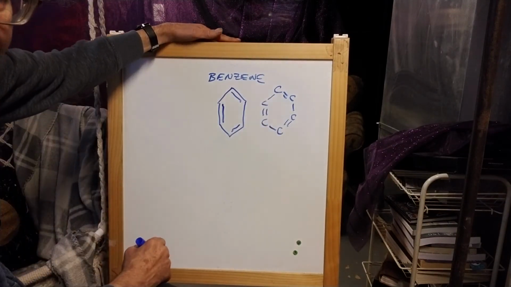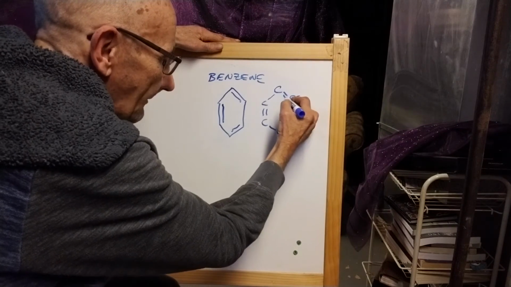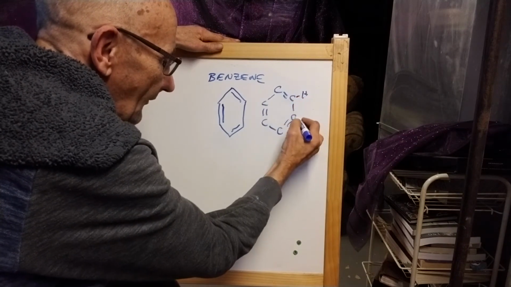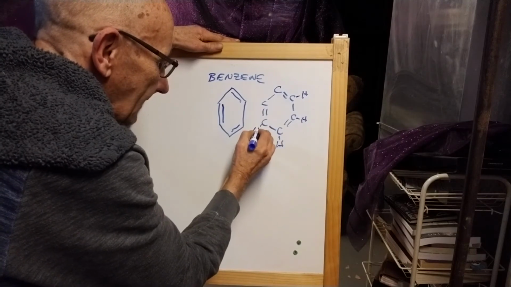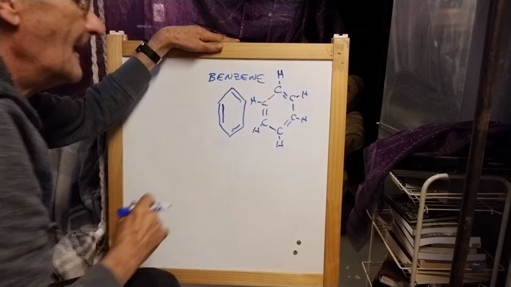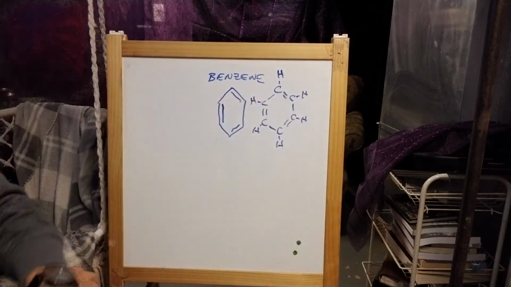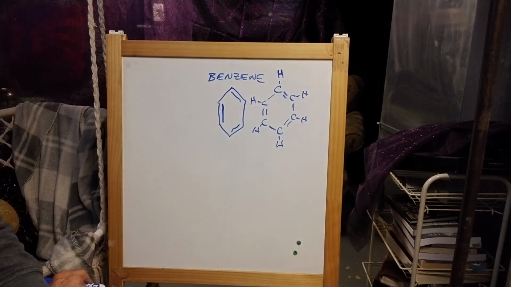Now we have to fill in the H's to make each carbon have 4 bonds around it. 1, 2, 3, 4, 5. That's what a benzene molecule really looks like.